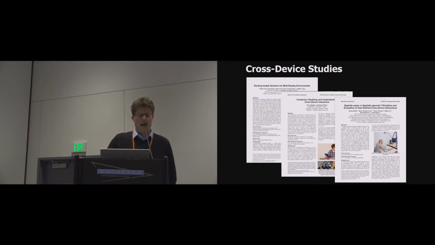Calgary had an interesting early one at ITS, and most recently a number of people, including Hans and Roman, from the University of Constance, did an interesting elicitation study that they divided in two phases. They wanted to figure out whether the kinds of interactions and interfaces that people want should be spatially aware. Should the interfaces understand where devices are positioned, or does that not matter? Is it better to have just spatially agnostic interfaces?